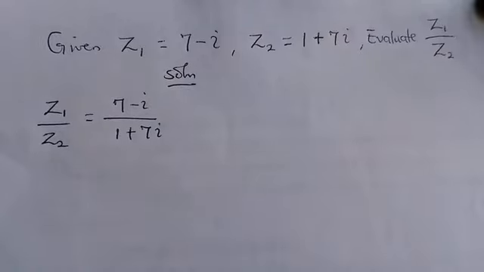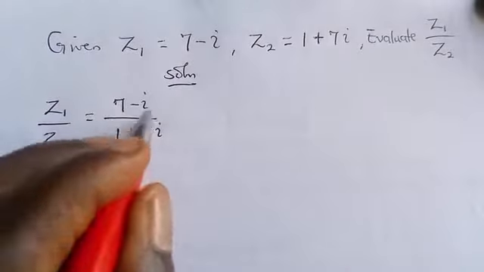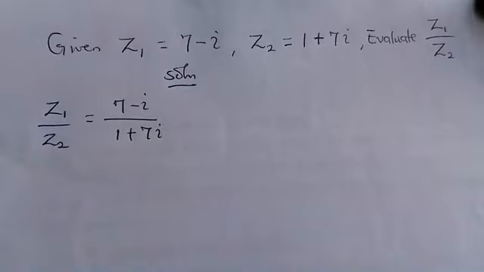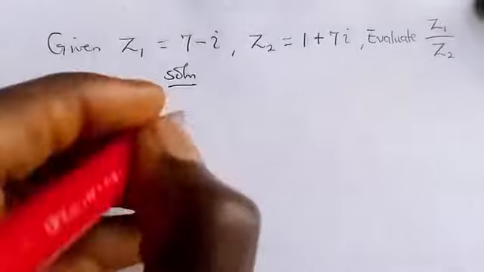And when we have a complex number like this, having a complex number as the denominator isn't allowed. So we have to rationalize the denominator.